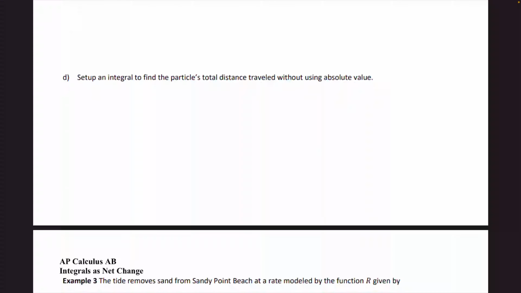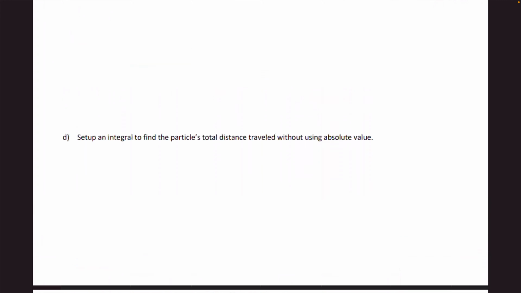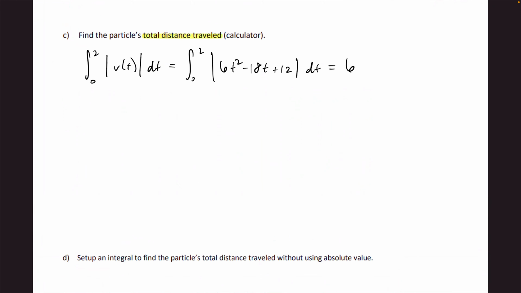Okay, so now we're going to set up an integral to find the particle's total distance. We know the answer is 6, and the displacement is 4 without using absolute value. Let's talk about steps. 2 steps forward, 1 step back, right? The difference between 3 steps total and 1 step displacement.